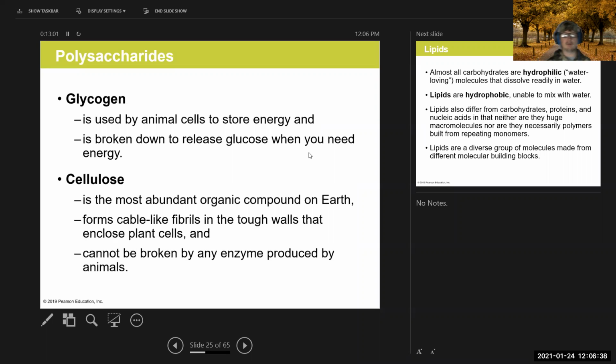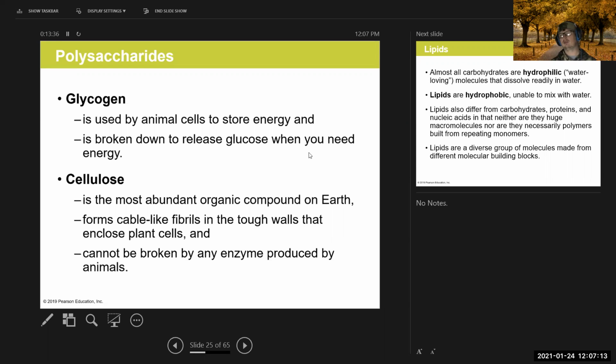Cellulose is actually the most abundant organic compound that you can find on Earth. It forms cable-like structures that are used in plant cell walls to help with structural components of plants, and they can't be broken down by any enzyme that's produced by animals, which again is why ruminants have those microbiomes inside of their stomachs to help with the breaking down of cellulose products.